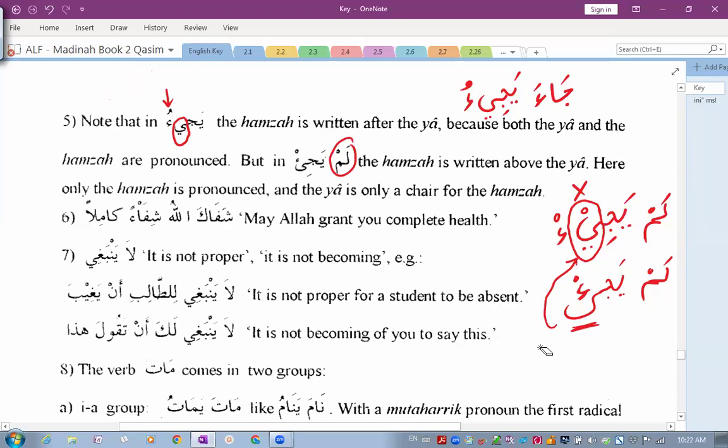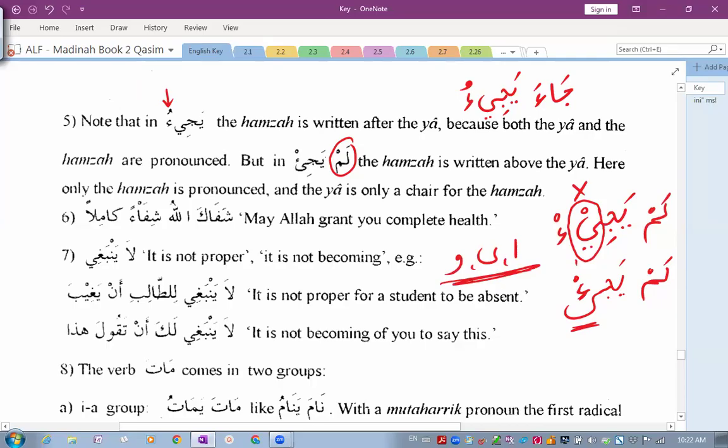The Hamza requires a seat either beside him or underneath him. Hamza has three kinds of seats: alif, alif maksura, or a waw.